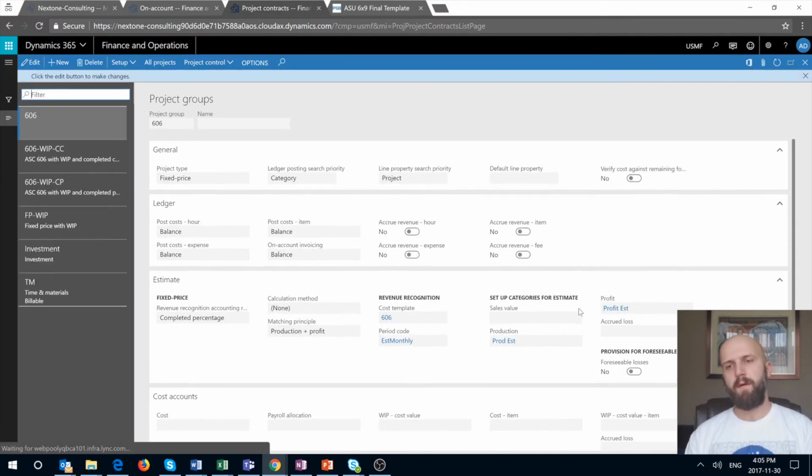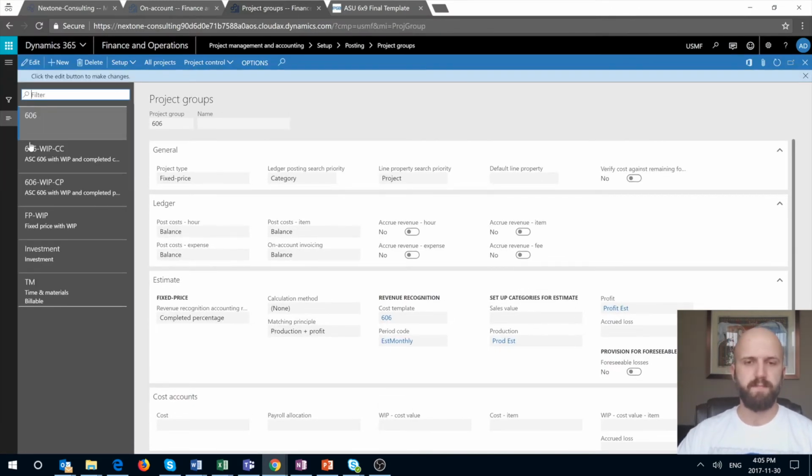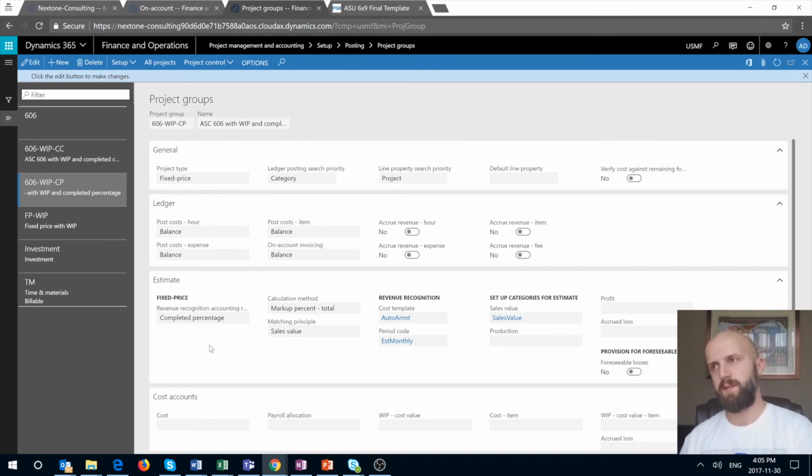You may remember that at the beginning I talked about different project group setups. Let me show you the group that we're using right now. This group is set up to recognize revenue using the completed percentage principle. That means we determined that the services or obligations assigned to that project qualify to be recognized using the over time principle.